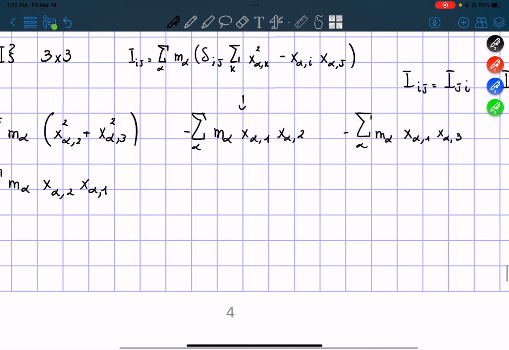Now, for this center one, I and J is going to be equal to 2, 2. So this chromatic delta is equal to 1. So we finally get something from the first one.